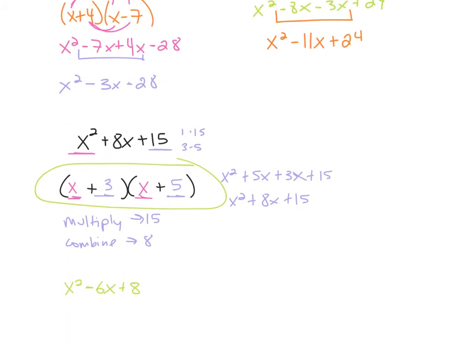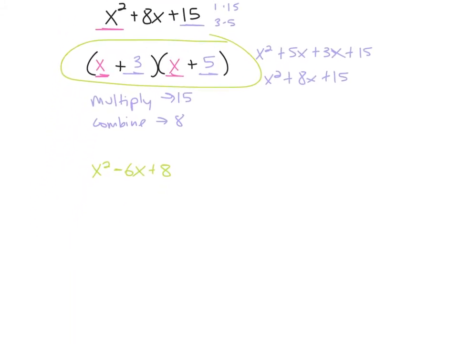So that tells me that when I factor this into my two binomials, I'm going to have two minus signs.